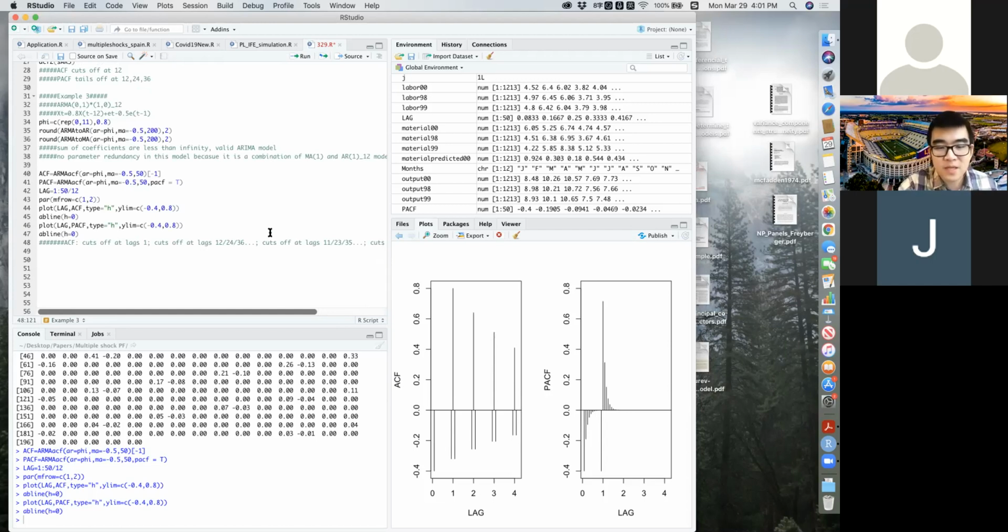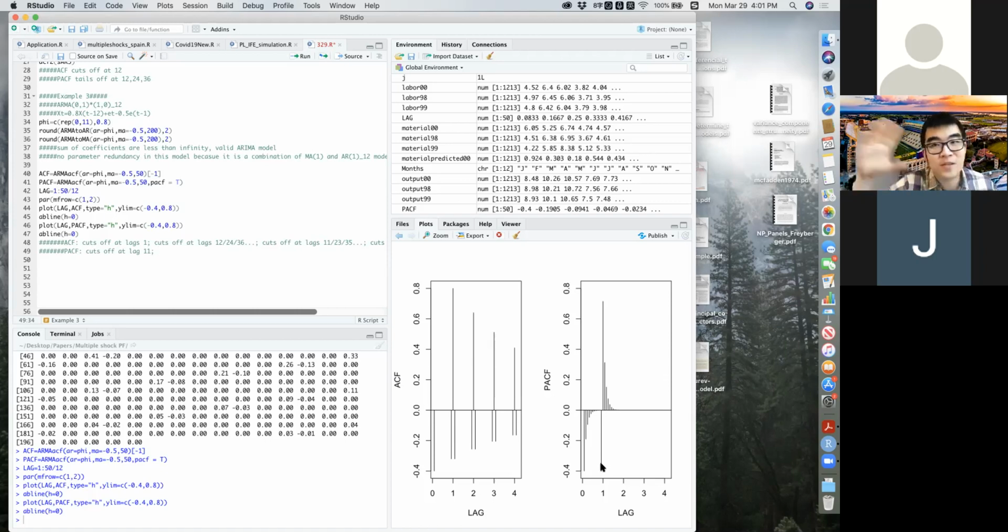And how about the PACF plot? The PACF plot has a large lag at lag 11, which is this bar here.